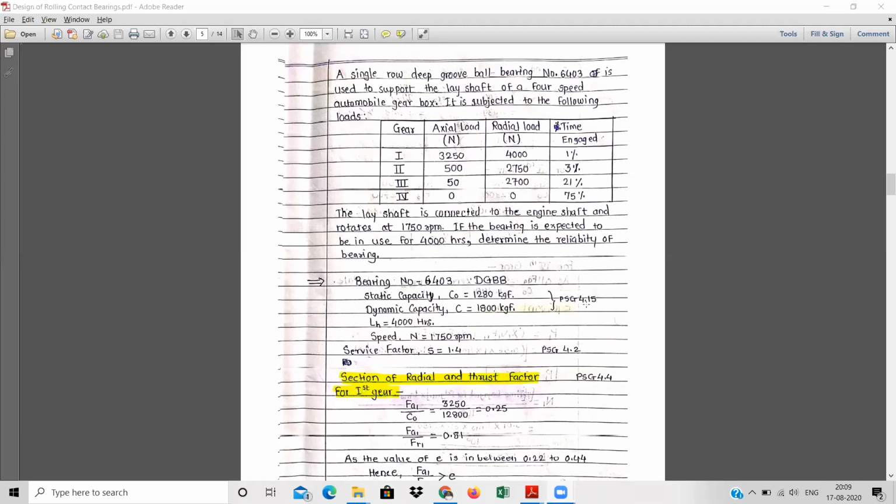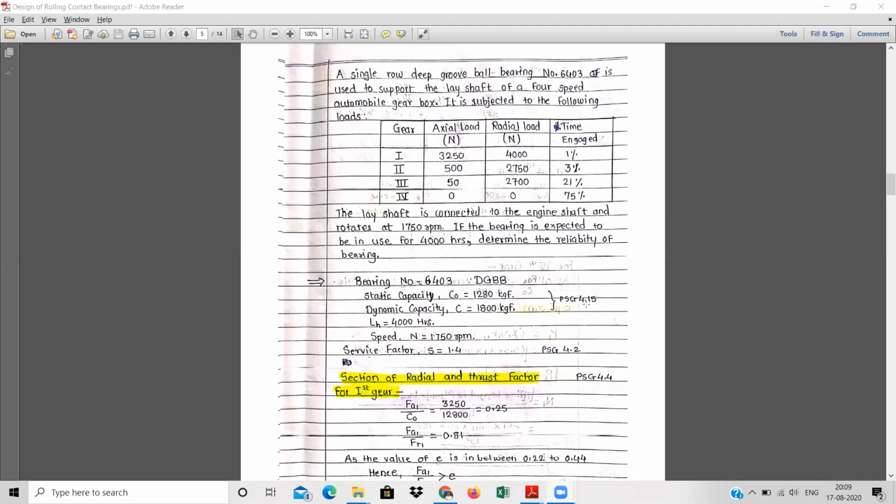They have converted it into different cycles. Engagement of first gear is the first cycle, engagement of second gear is the second cycle, and similarly for third and fourth. So they have found the different cyclic conditions.